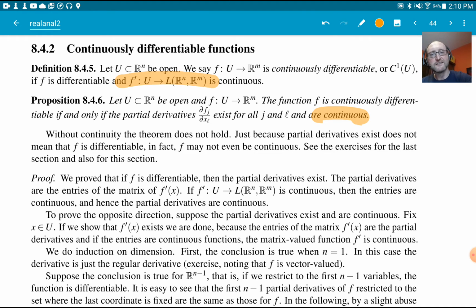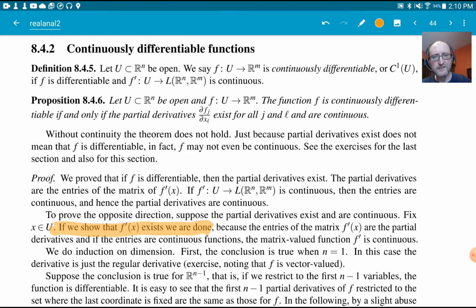So really the key thing is to show, I should just go up to here, that if we show that f prime exists at all x, we are done.